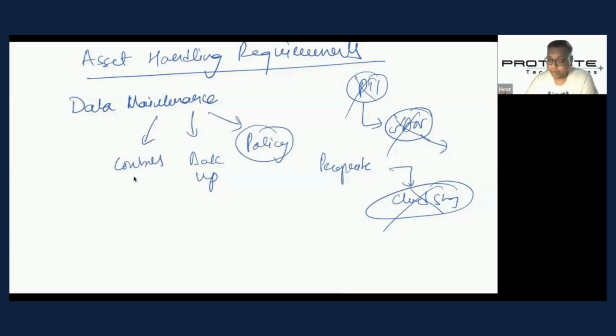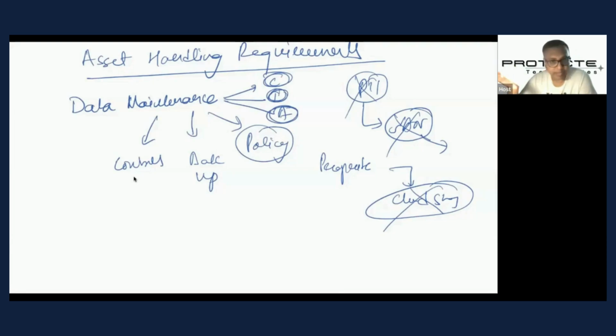So maintenance doesn't only mean protecting the data. Maintenance also means how it affects the confidentiality, integrity, and availability. That means data should be protected, data should remain intact, should not have any unauthorized changes, and availability. Now imagine your cloud storage is deleted. What will it affect? It will affect the availability of your data.